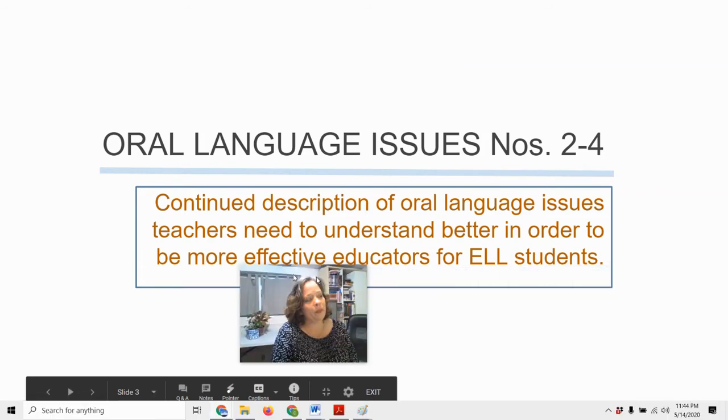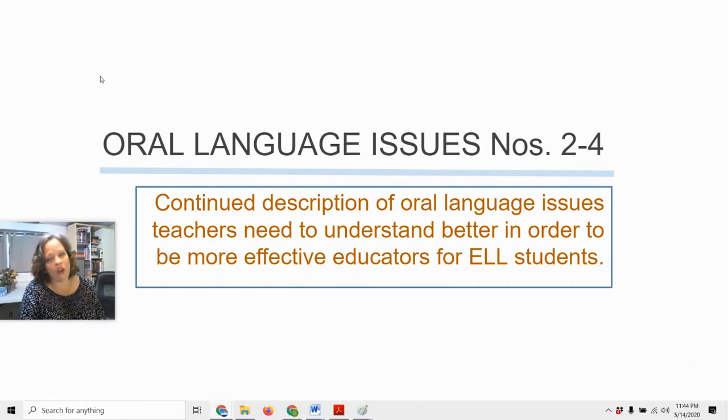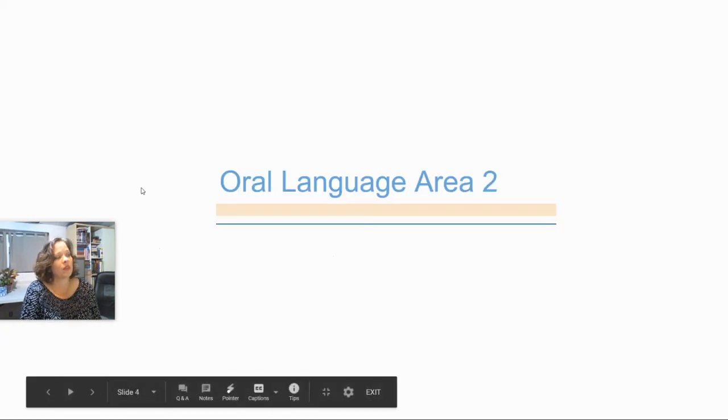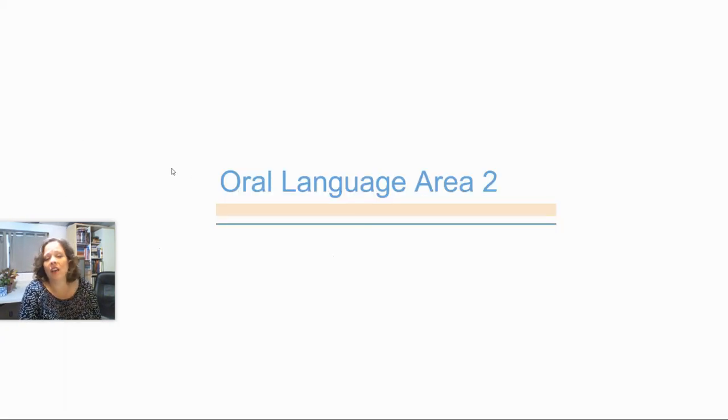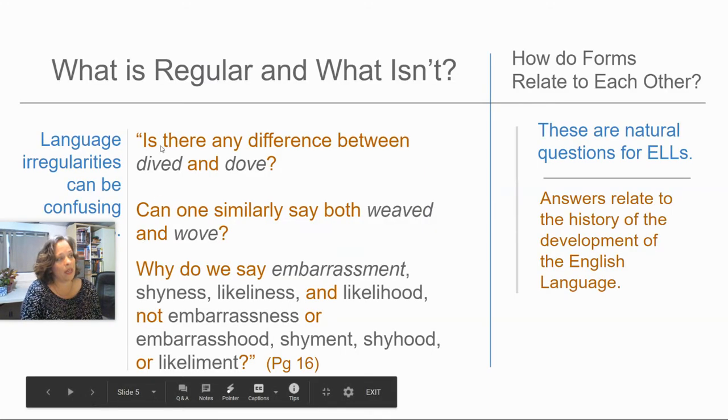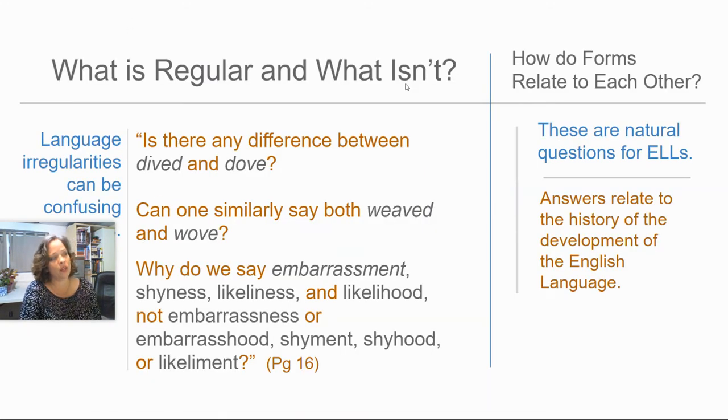As you know, the article sets forth areas that teachers really need to have better education in order to better help ELs. The second area of oral language that we're recommended to learn has to do with understanding what's regular and what isn't, and how forms relate to each other.